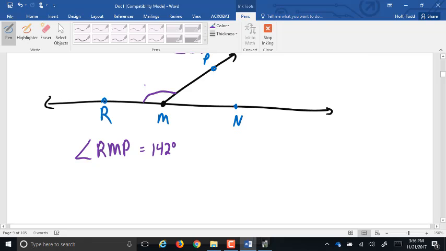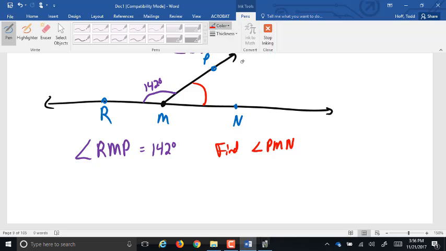So that'd be this angle right here is 142 degrees. Find angle PMN. How would I find angle PMN here?